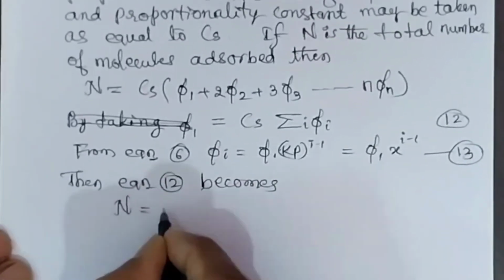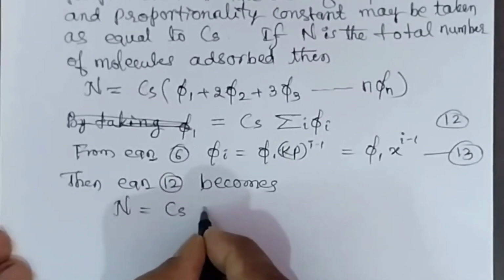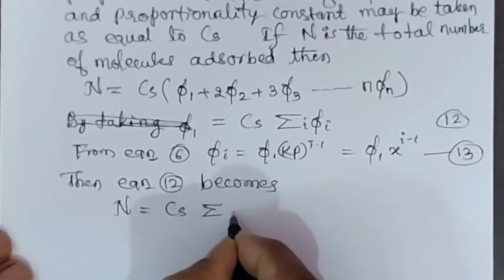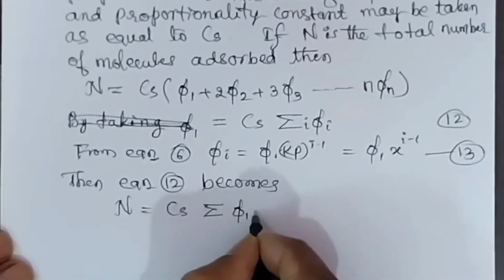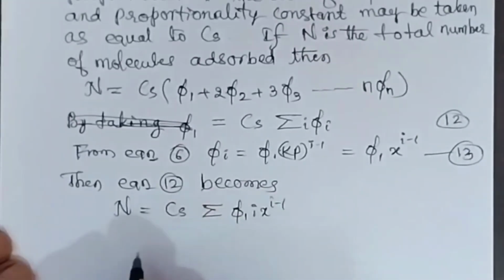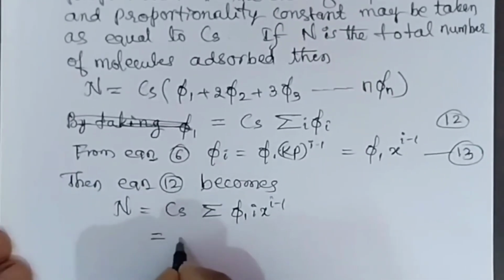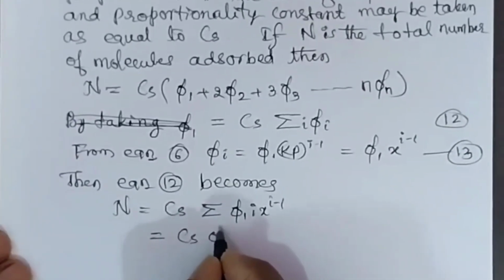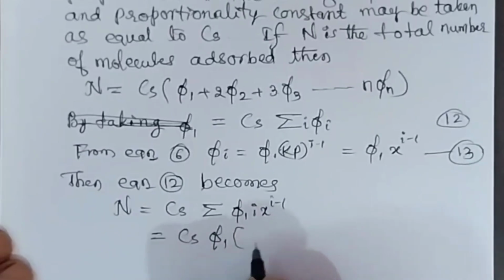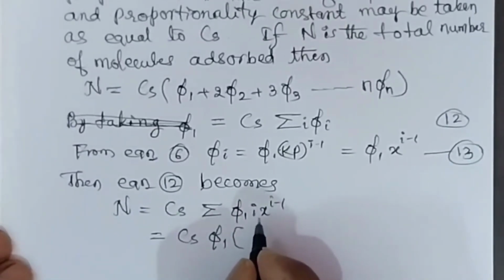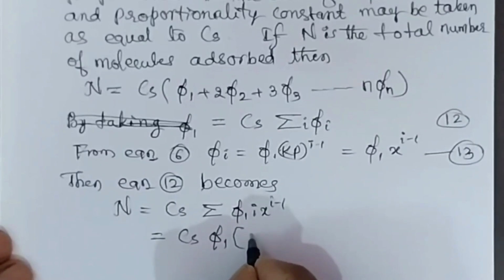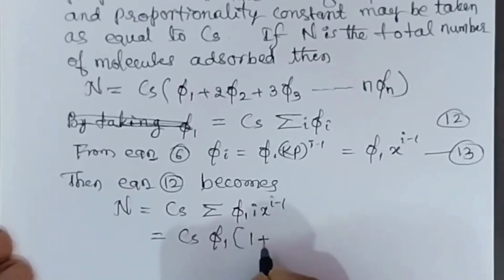n equal to Cs into bracket summation of pi 1 I x raised to I minus 1, which is Cs into pi 1, and we may take when I equal to 1, this becomes 0, x raised to 0 means 1.